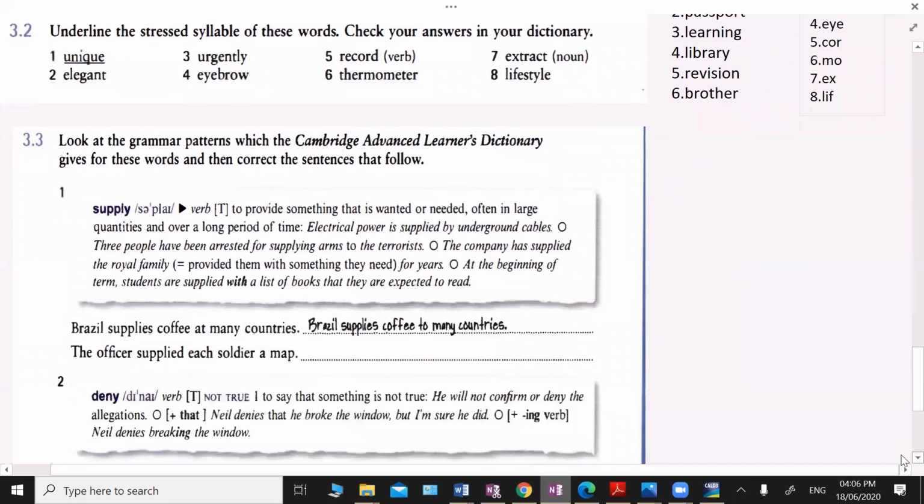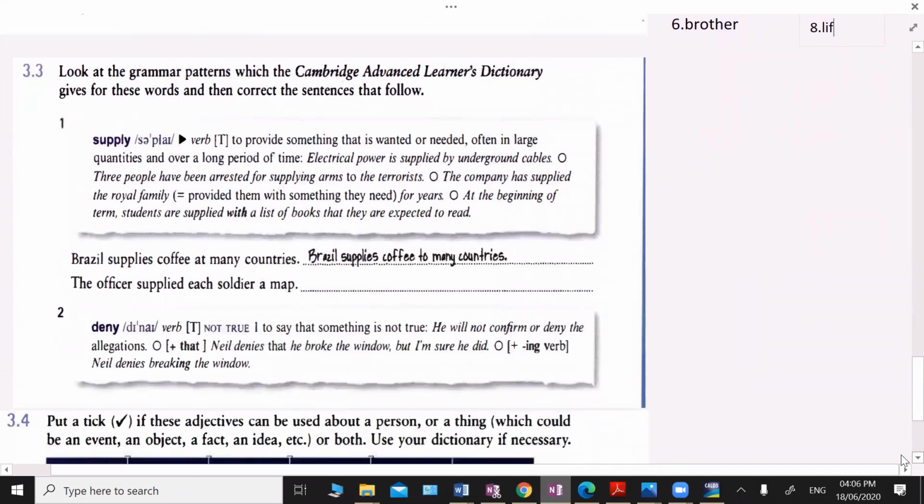Okay, we look at the next part, that is 3.3. It says here, look at the grammar patterns which the Cambridge Advanced Learner's Dictionary gives for these words, and then correct the sentences that follow. So you see here, these are the words taken from the dictionary.